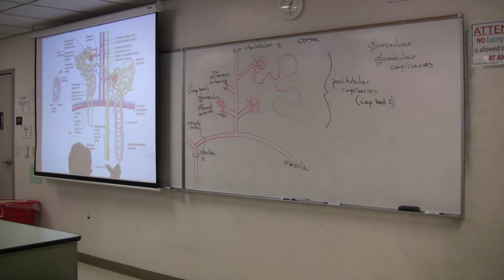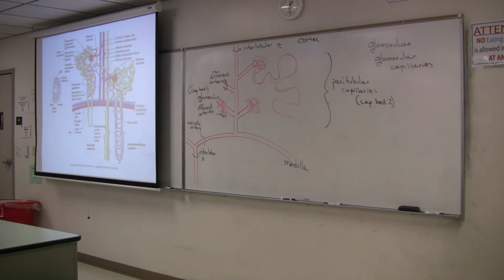Now, this is similar. We have 2 capillary beds, but what's the difference? In the pituitary and the digestive system, we have vein, capillary, vein, capillary, vein. Here we have artery, arteriole, capillary, arteriole, capillary, vein. So this is known as an arterial portal system.